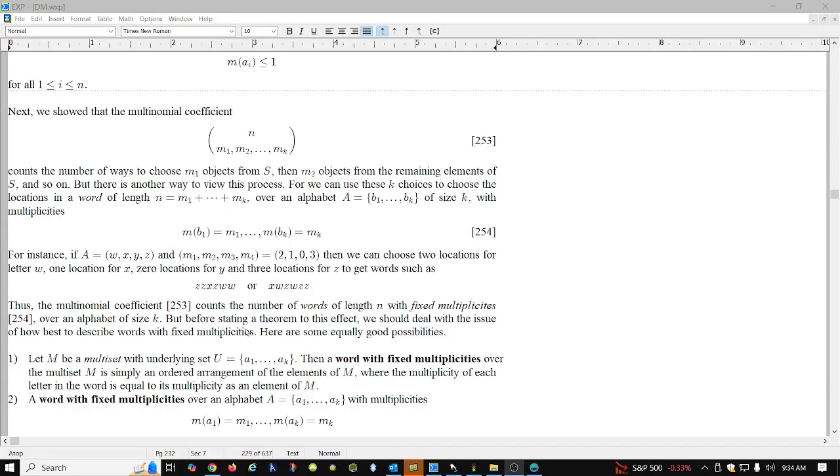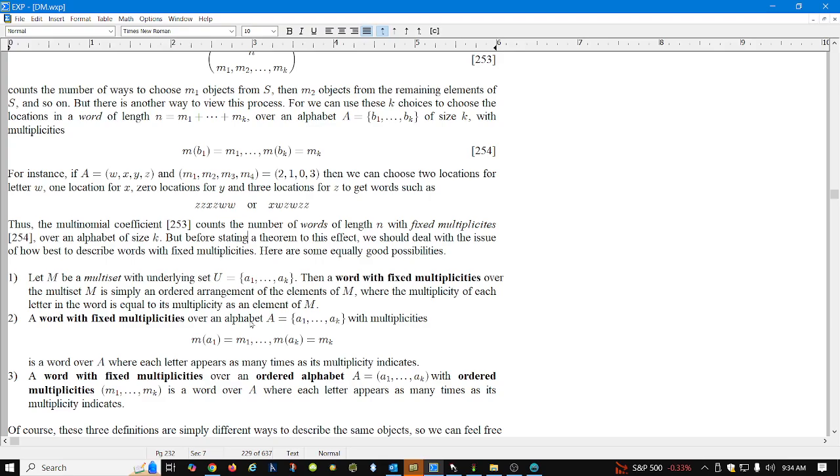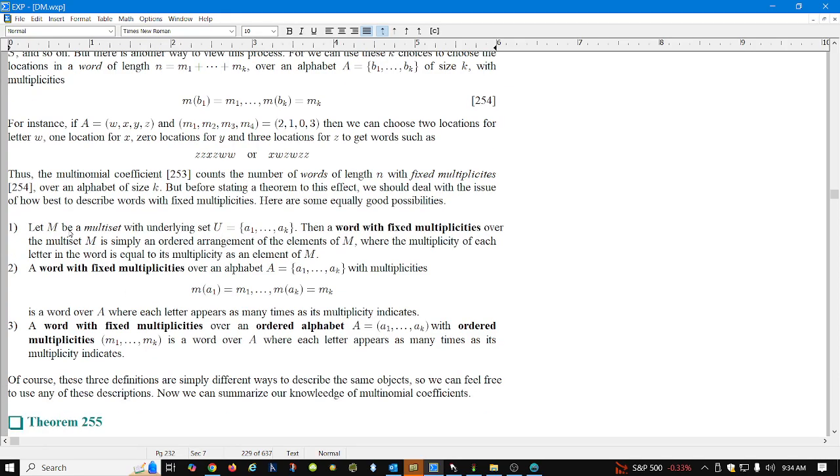Now, just to clarify something before we state a theorem here, there are several ways to describe words with fixed multiplicities. They're all equivalent, but I want to talk about them. One way to describe this object is to start with a multiset M with an underlying set of size k. A word with fixed multiplicities over this alphabet then is simply an ordered arrangement of the elements of the multiset.